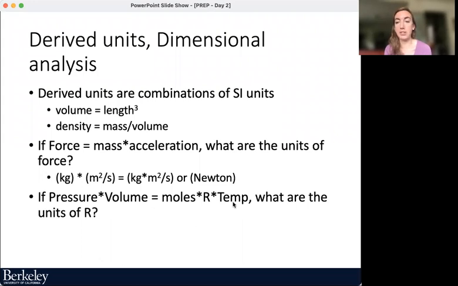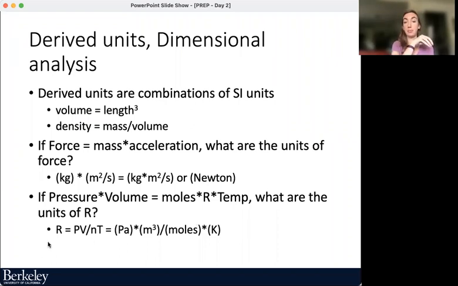If I want to know what the units of R are, then I can rearrange this equation, dividing by moles and temperature. So R equals pressure times volume divided by moles times temperature.